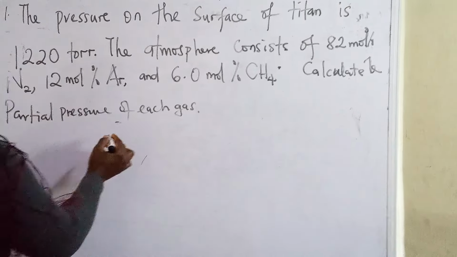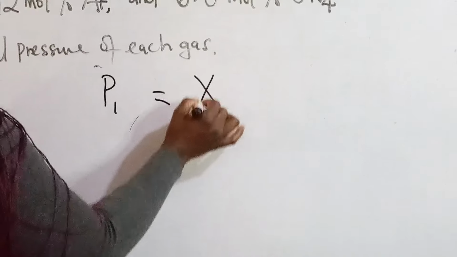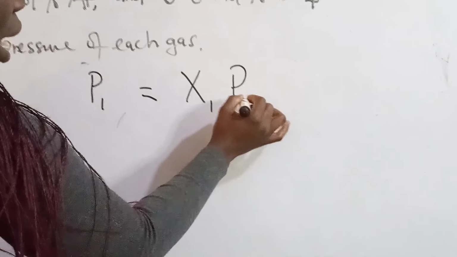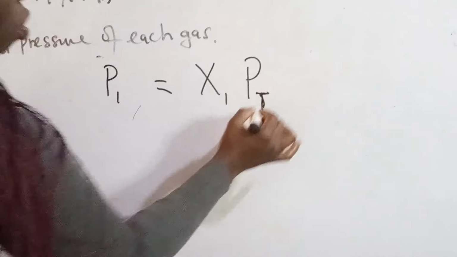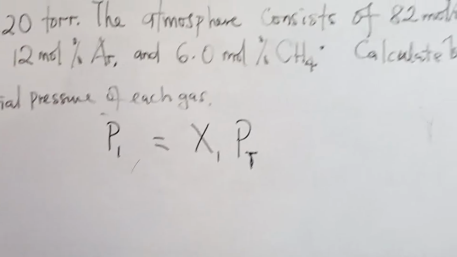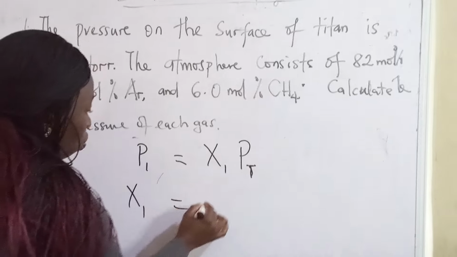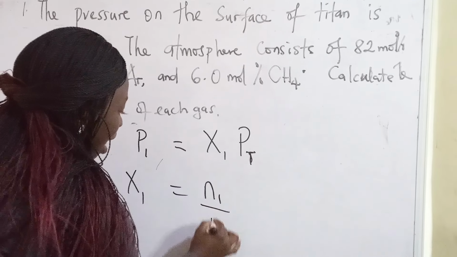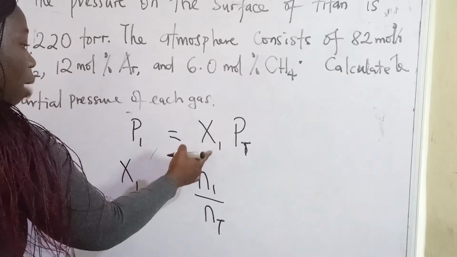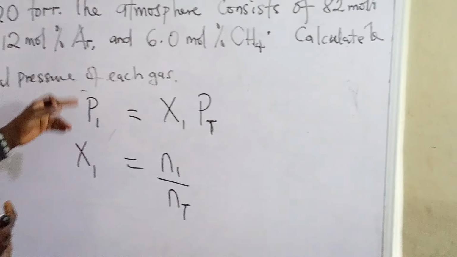And remember, we proved that partial pressure equals the mole ratio times the total pressure exerted on this surface. Then X1 will be equal to N1 over NT. The first step is to calculate your mole ratio so that you can get the partial pressure of each of the gases.